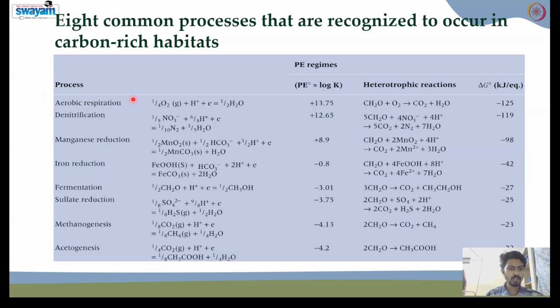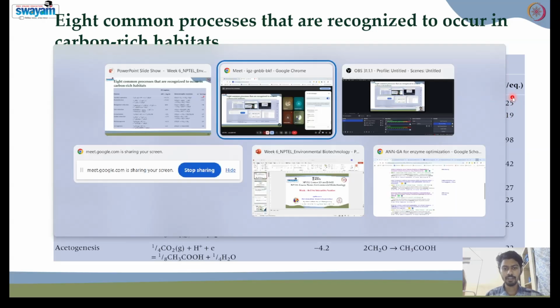In aerobic respiration, the del G is minus 125. Whereas in the denitrification process, where NO3 acts as an electron acceptor, their del G value is only minus 119. When you compare the del G between these two, the del G value is more negative in aerobic respiration. That is why it is the more energetically favorable reaction.